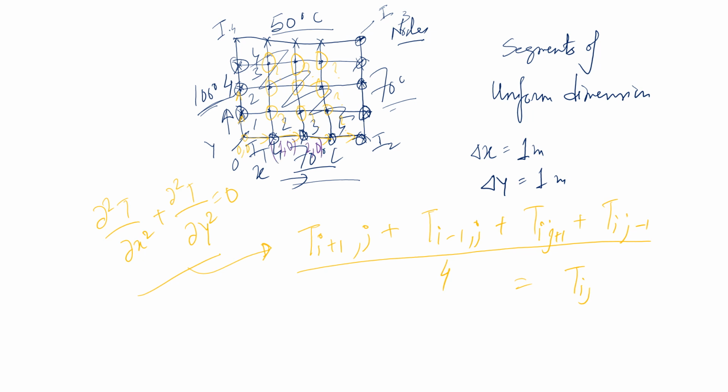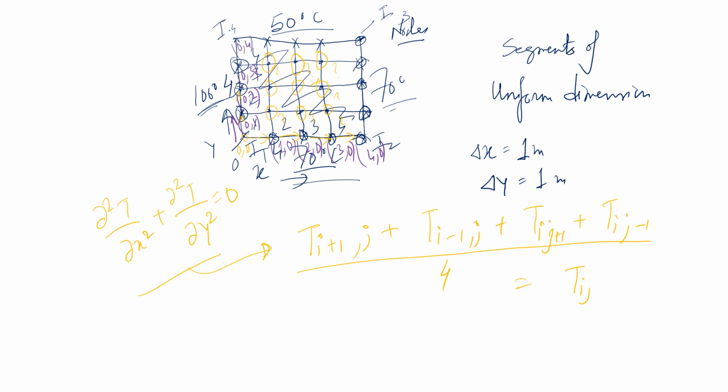This is 2, Y same, this is 3, Y same, this is 4, Y same at the 0 point. And in this way, when we move towards the Y direction, this is 0,1, this is 0,2, this is 0,3, and this is 0,4.